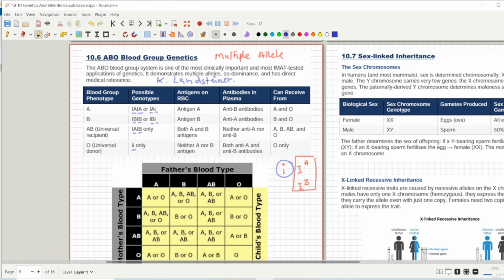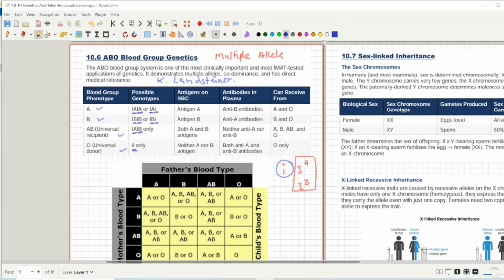These 3 alleles have 4 phenotypic possibilities: either you have A blood group or B blood group or AB or O. So the genotypes are in front of you. If both are dominant, homozygous or heterozygous, you get A or B; if the heterozygous is IA IB, then it will be AB, and only if it is homozygous recessive would it be O.